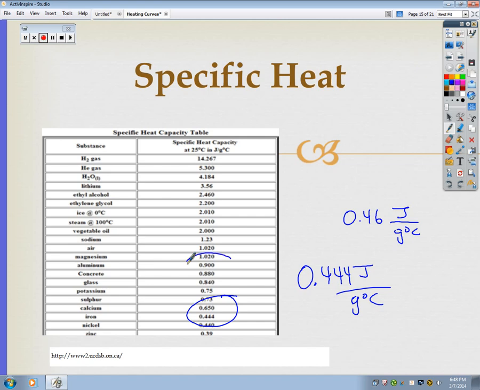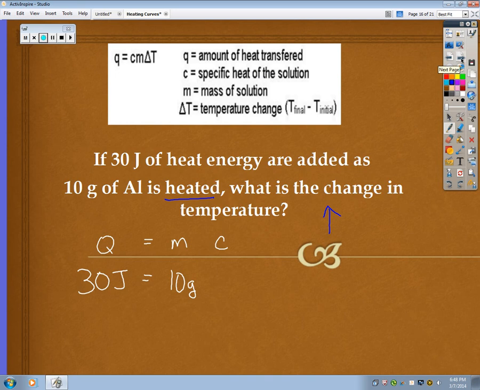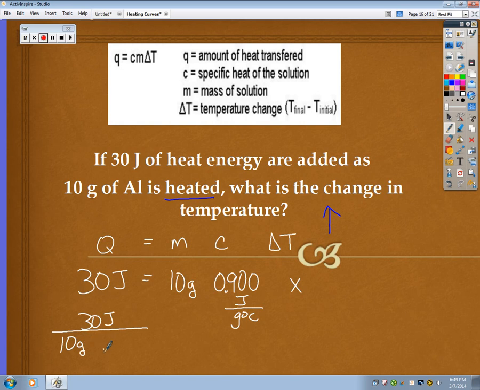See right here? 0.900 joules per gram degree Celsius. So, it's aluminum. I'm going to put 0.900 joules per gram degree Celsius, and I want to know the temperature change. This is my x. So how am I going to solve? I'm going to take 30 and divide it by 10 and divide it by 0.9. So I take 30 joules, I divide both sides by 10, and I divide both sides by 0.9.